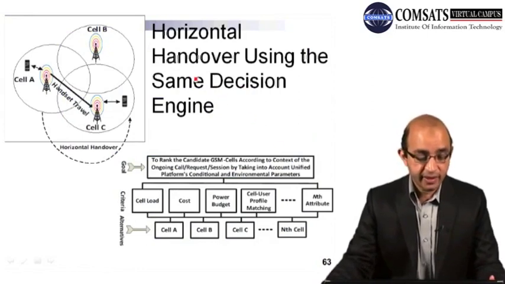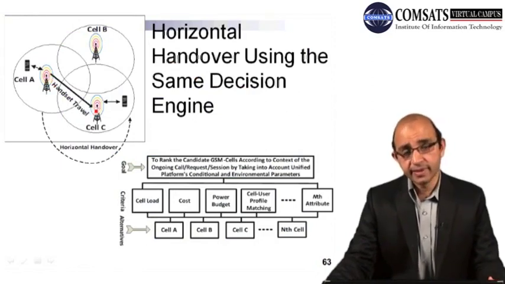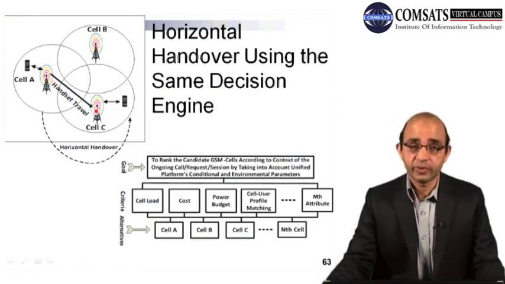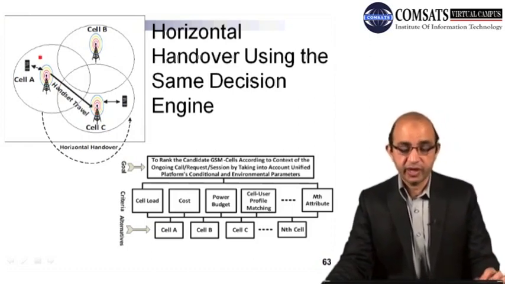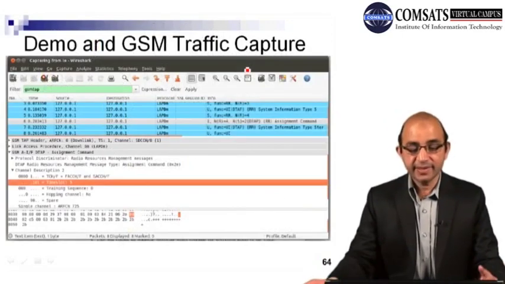If somebody is here and he's moving here, in that case handover has to be performed. And remember, we are living in the same technology world, so we have to perform the horizontal handover in that scenario.